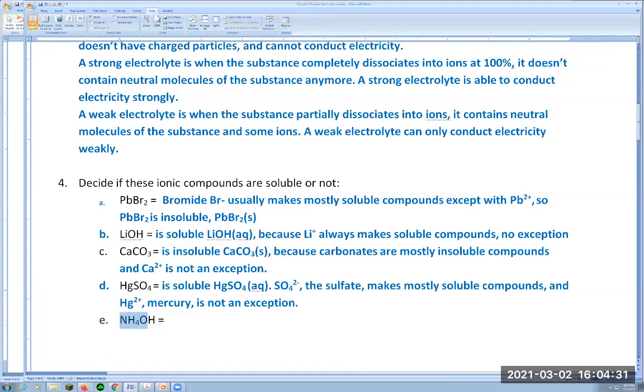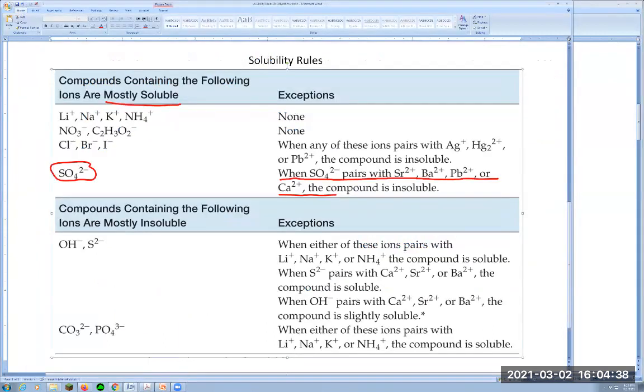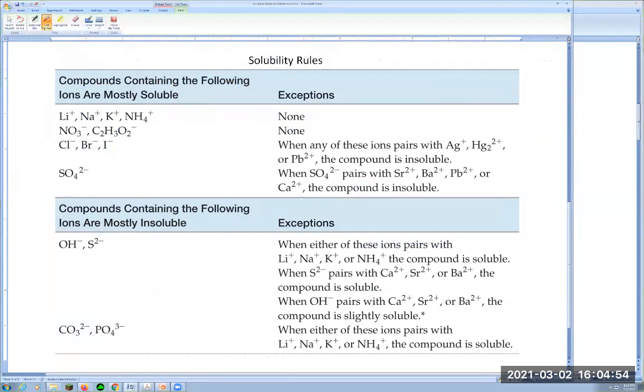So this is ammonium hydroxide. So let's look at these ions, ammonium or hydroxide. Here, hopefully you can see the ammonium among the mostly soluble compounds. The hydroxide is there too, but okay, let's focus on ammonium.